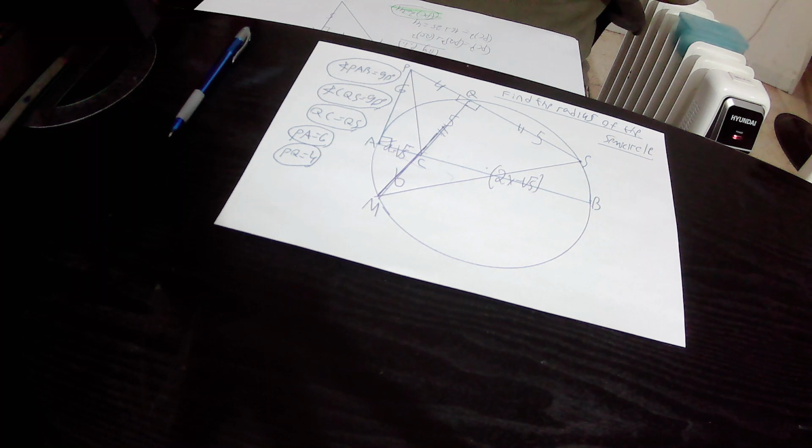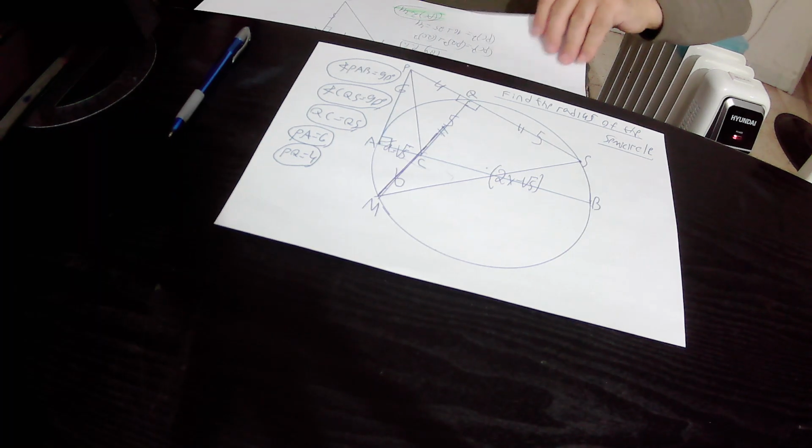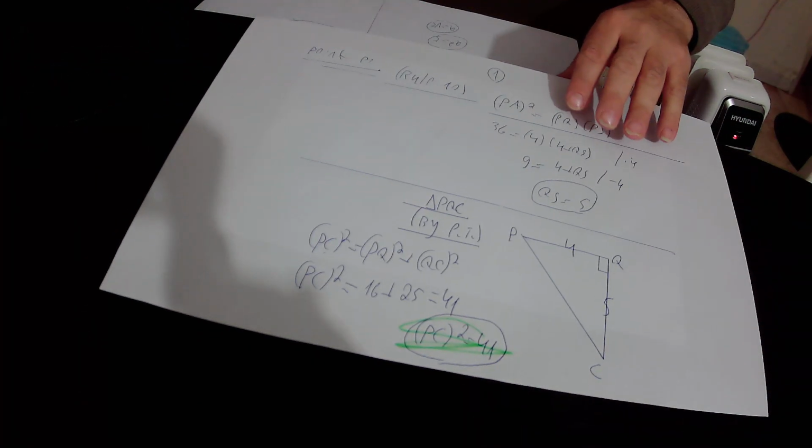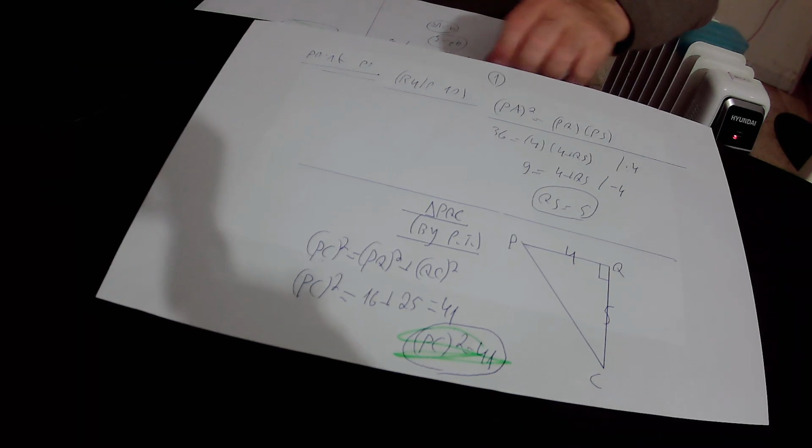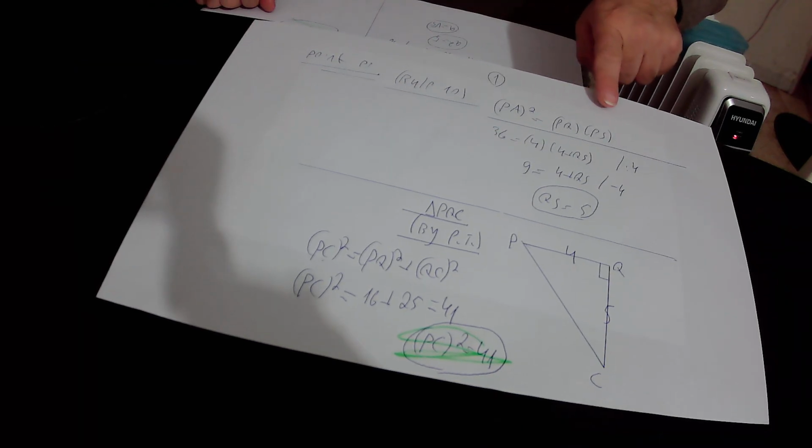According to rule number 10, PA squared equals PQ times PS.